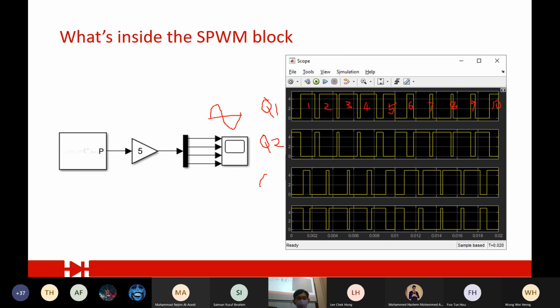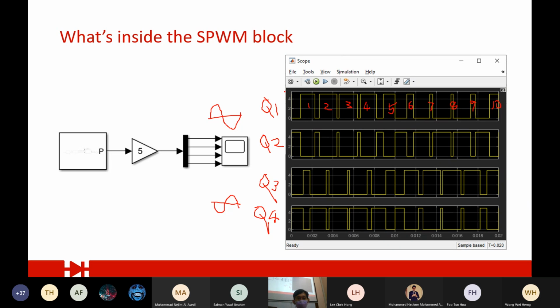And this Q3, Q4, these are all transistors. Q1 and Q2 will never turn on at the same time. It modulates in this form. You can see it is out of phase. That's why you see the lowest negative come first and then go back to positive. And then this one again is inverted to each other.